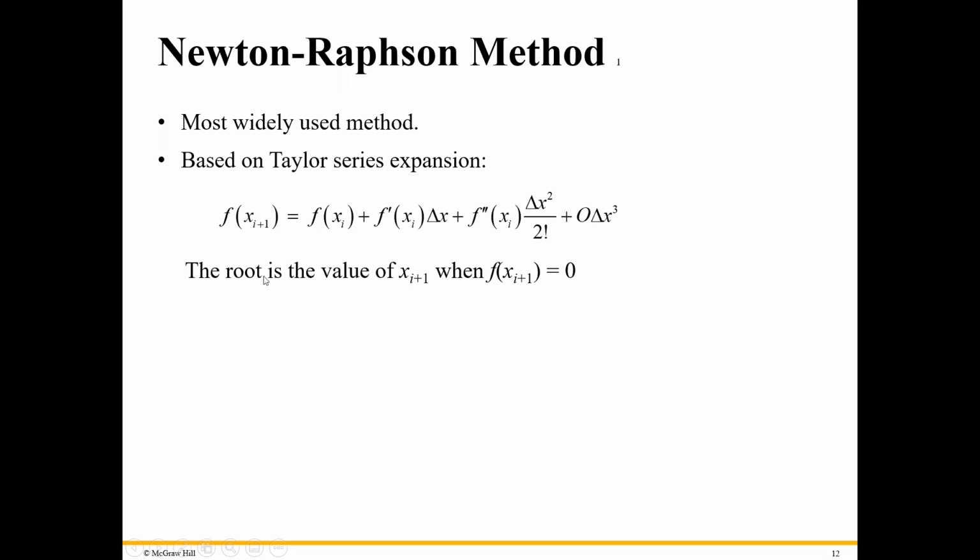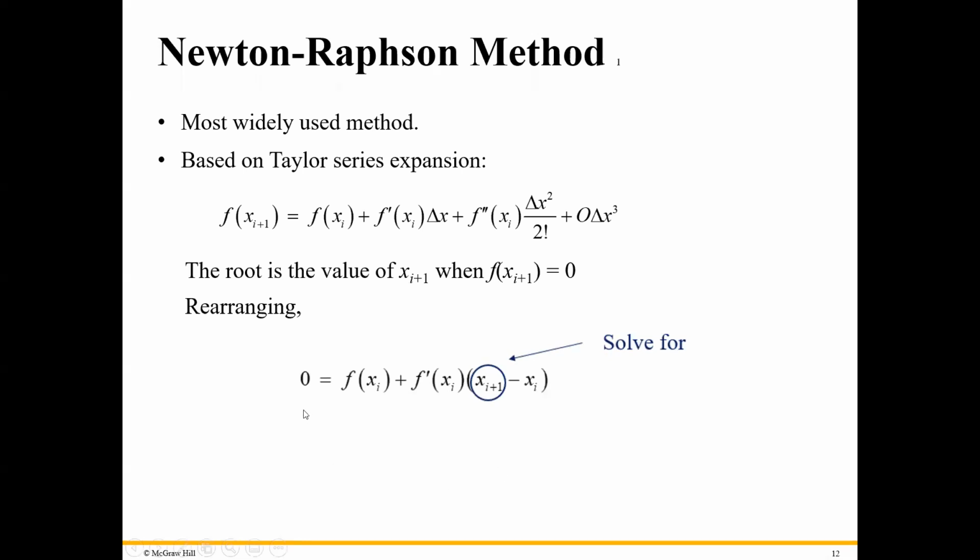The root is the value of x(i+1) when f of x(i+1) is equal to 0. I'm not going into the exact algebra of this method; we will focus mainly on the final relation.